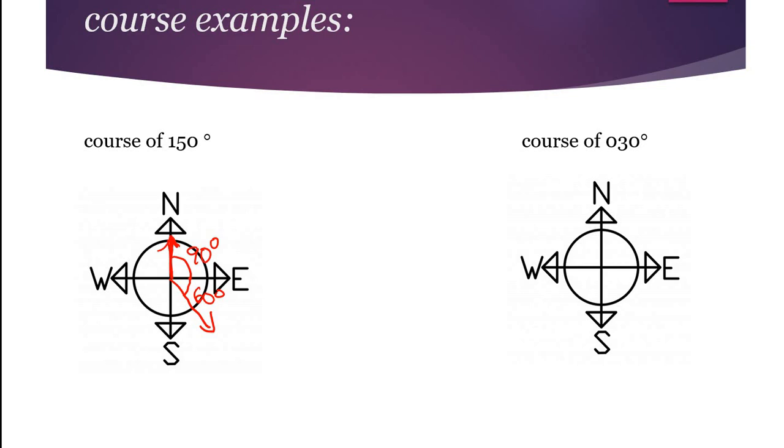And you remember, just like when we were doing standard position for angles, you always want to have your starting to your ending. All right, then 30 degrees. Again, start at north, and we're just going 30 degrees towards the northeast, and this will be 60 if we want it to be complete and label everything.